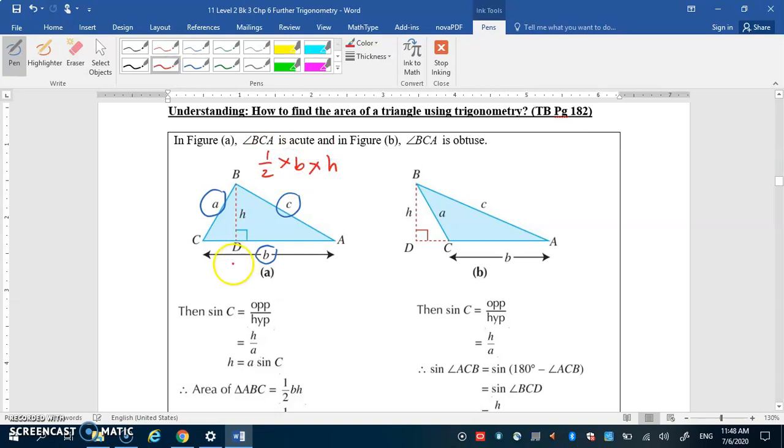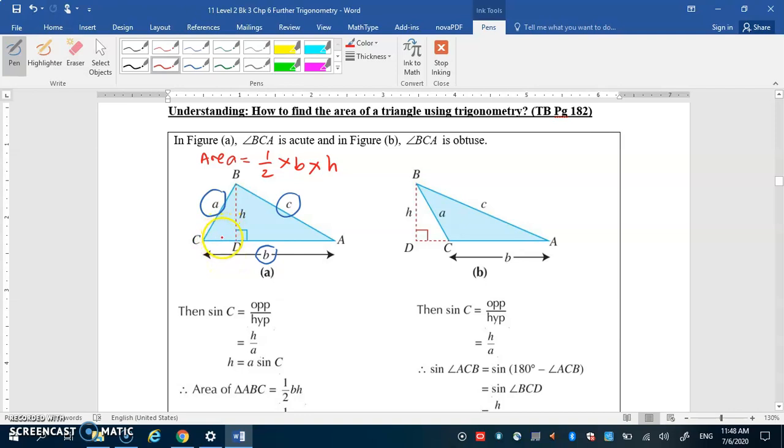Okay, so it is half times B, which is the base, times the perpendicular height, which is H. So this would give us the area of the triangle. Now, how would I express side H in terms of a trigonometric ratio? So, recap that in the previous chapter you learned all about SOH CAH TOA, right?